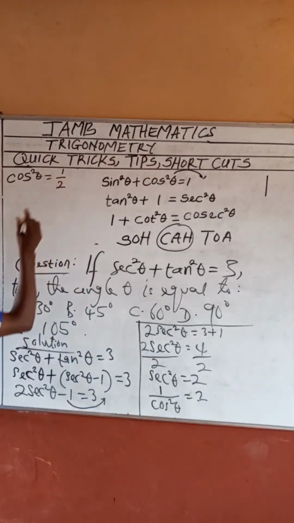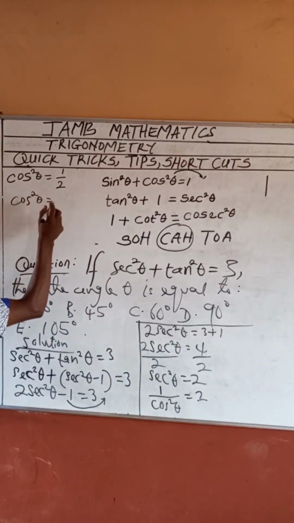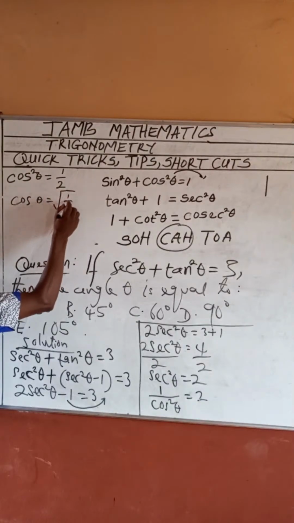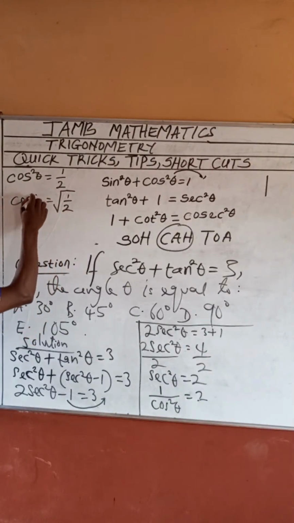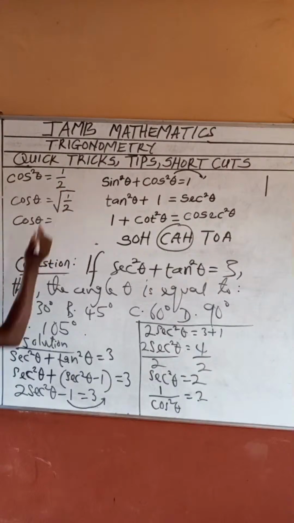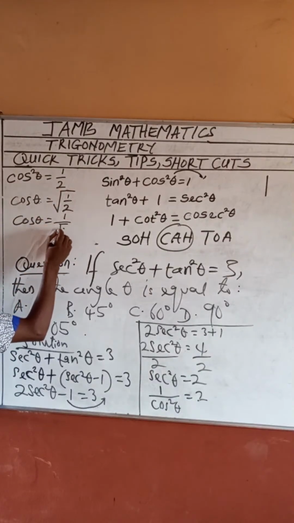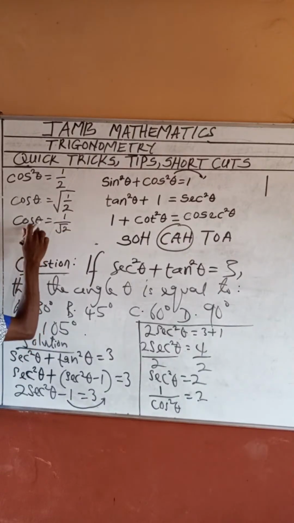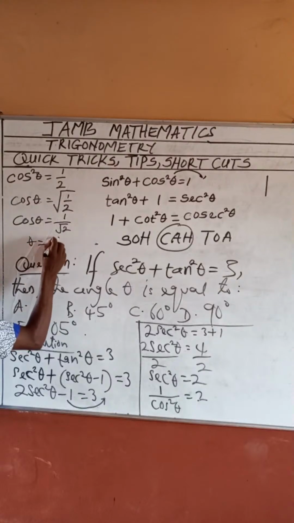So we now have cos square theta equals to 1 over 2, take the square root. The square root of 1 is 1, then the square root of 2 is going to be root 2. All right. So what is now theta? This gives theta to be 45.